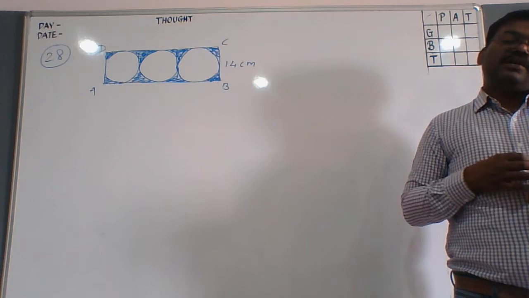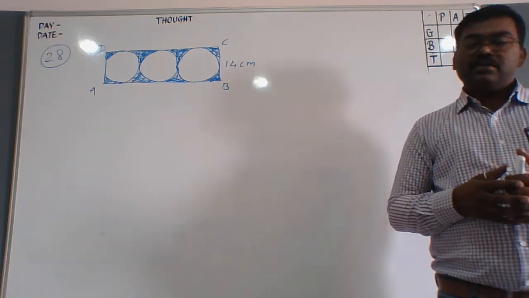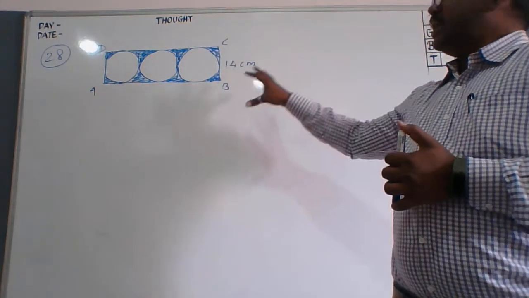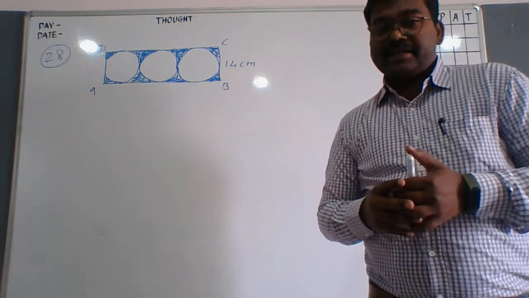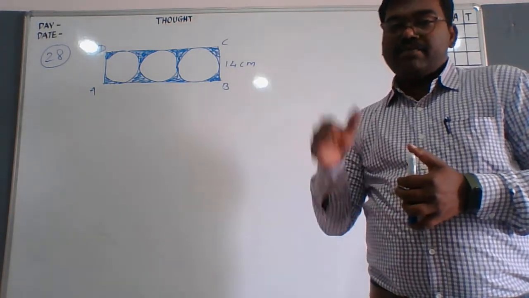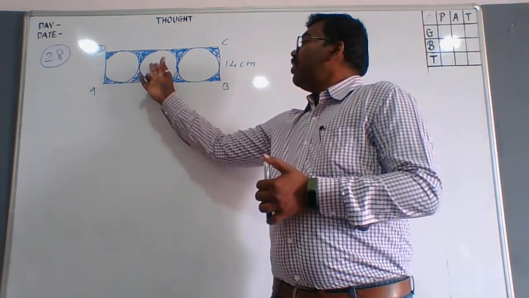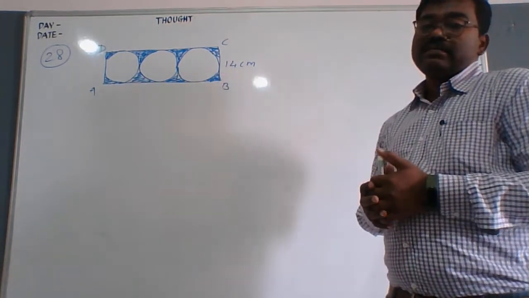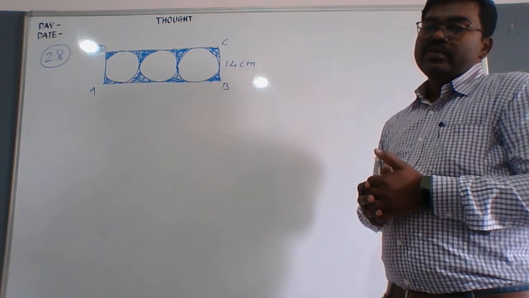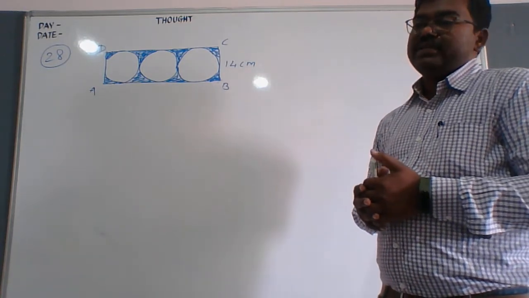Okay. The concept is very clear. First we will calculate the area of the rectangle. And from that subtract the area of these three circles so that we get the area of the shaded region.